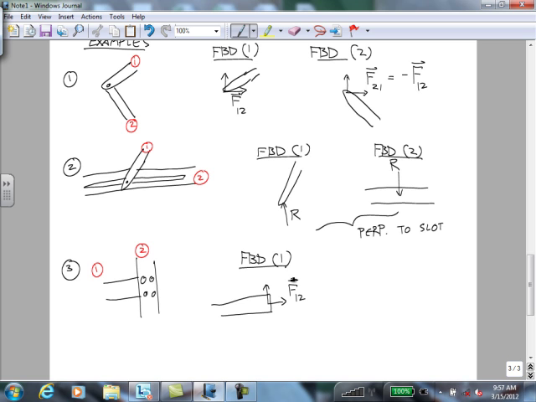Free body diagram for member 2 is equal and opposite, so F like that. So if this is a cable, you know your answer for F better be positive here, or else a cable isn't going to work. Okay, because you know the cable has to be pulling the two things together. If this is a rigid member like this, that F can be negative. Okay, that's the difference between a cable and the member.